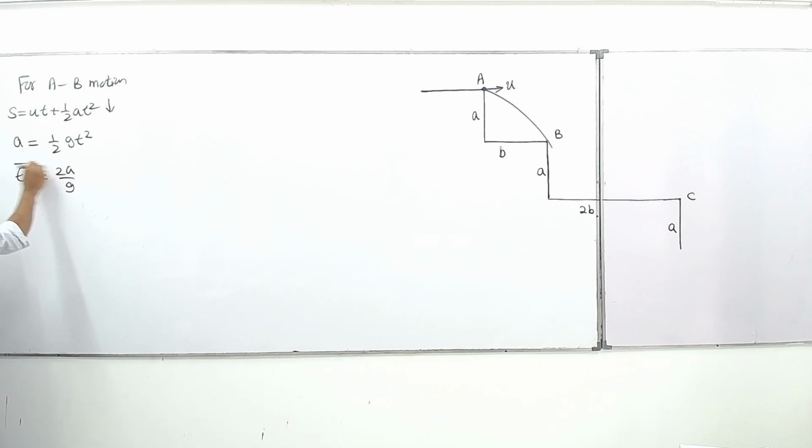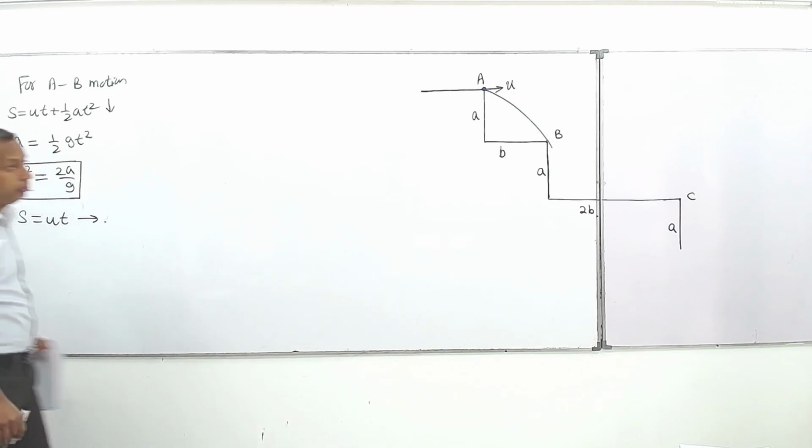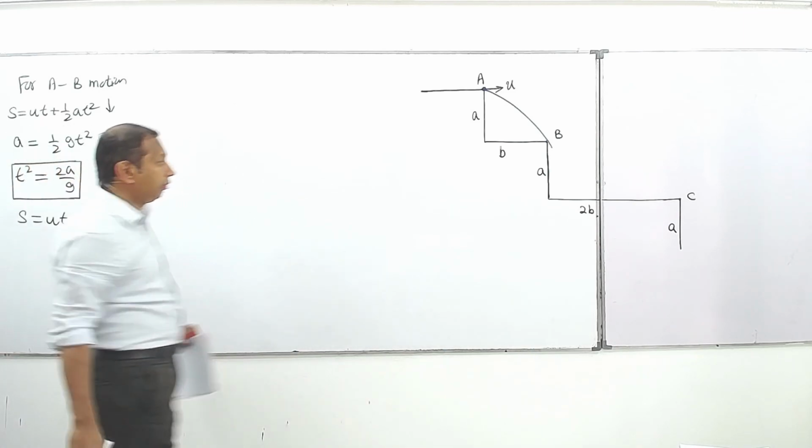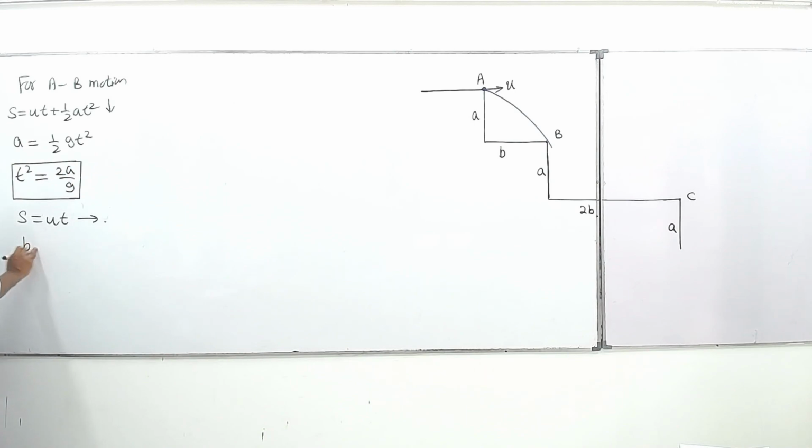T squared, right? Now we can apply S equals ut rightward. During the motion, it moves rightward b. So b equals u times t.